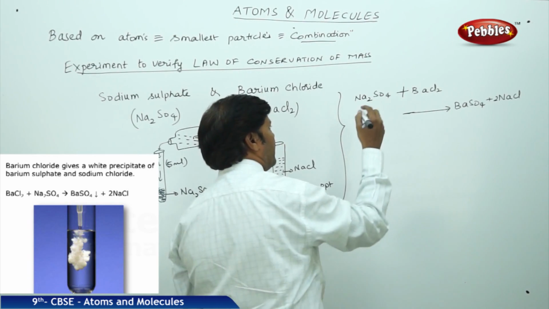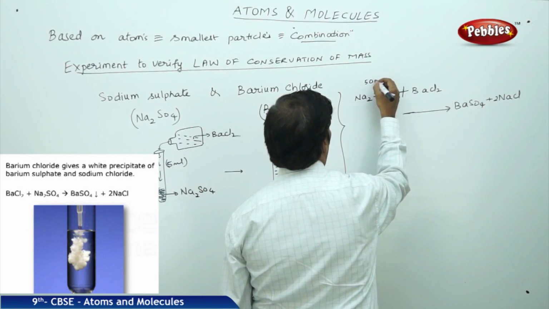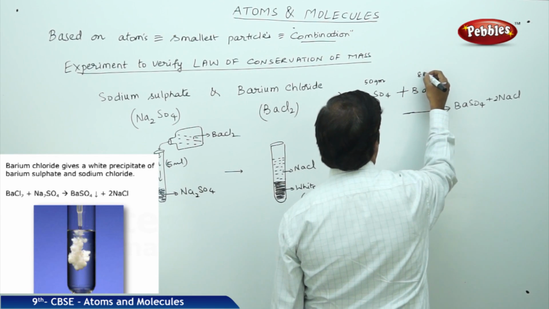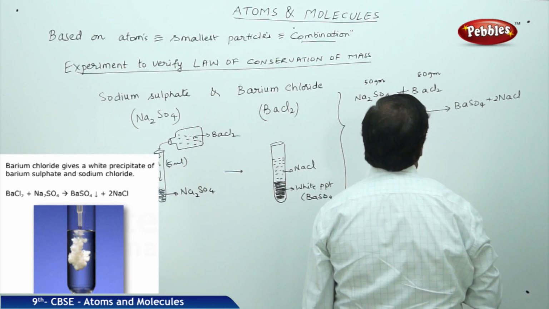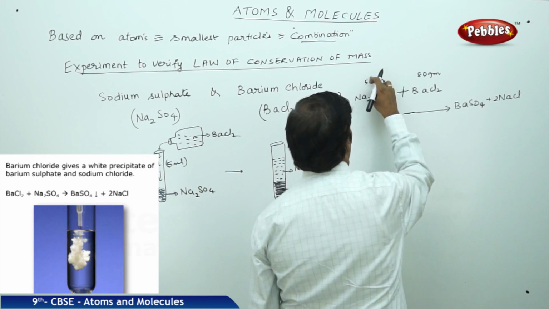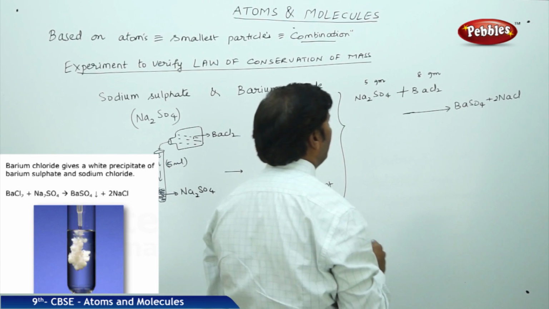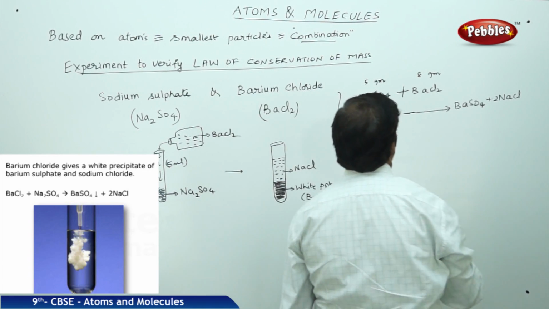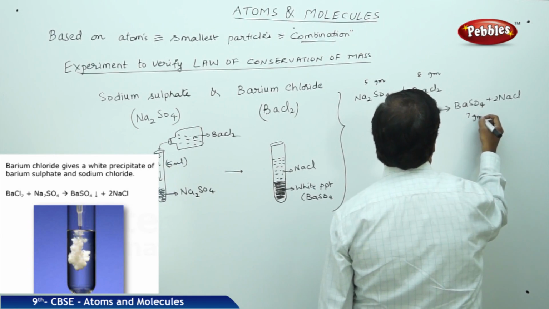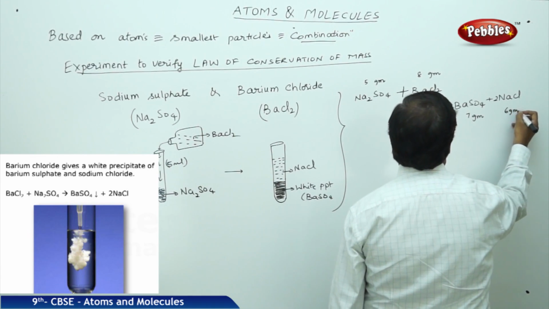Suppose for example I am taking 50 grams of sodium sulfate and 80 grams of barium chloride, or you can take here 5 grams and here 8 grams of barium chloride, then you find that 7 grams of barium sulfate is formed, and here 6 grams of sodium chloride is formed.